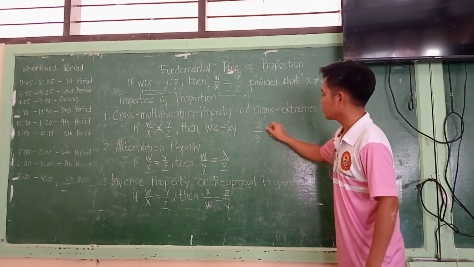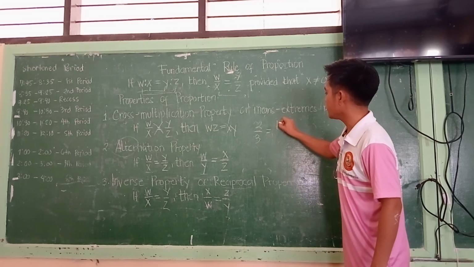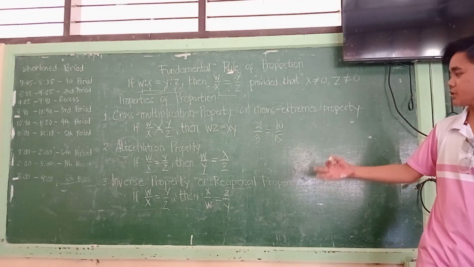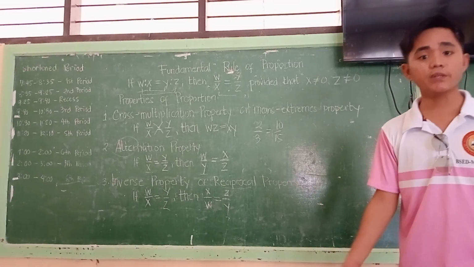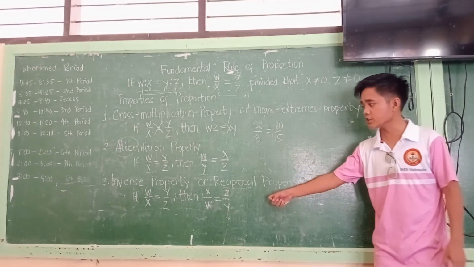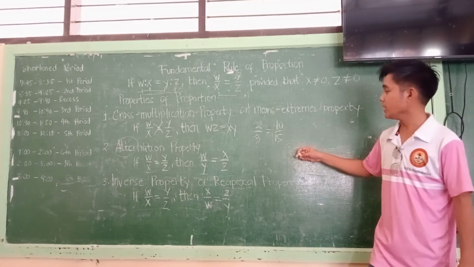So, we have 2 over 3 is equal to 10 over 15. By using the inverse property or reciprocal property, let's check if the answer is always the same. Before we use the reciprocal property, let's first check the answer.